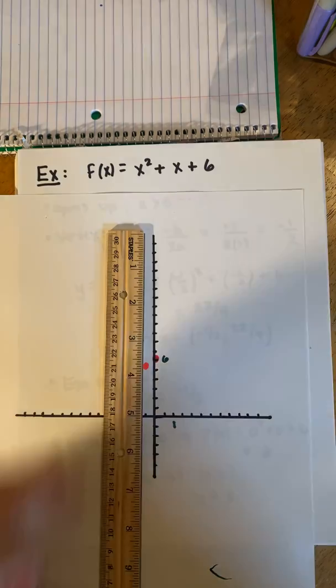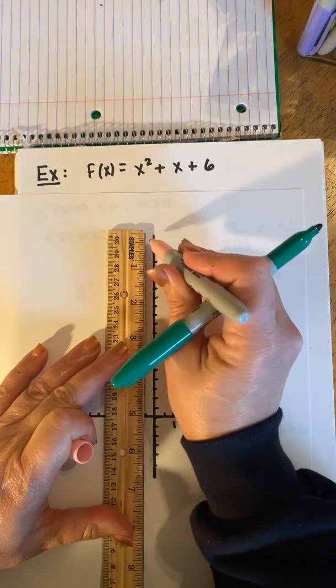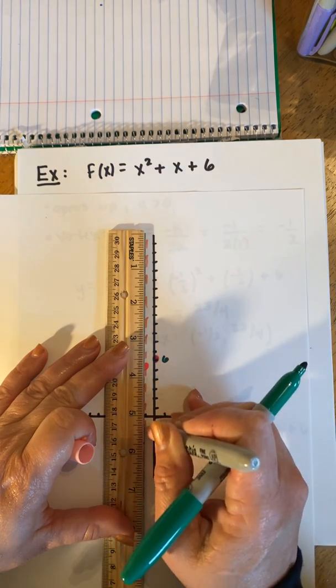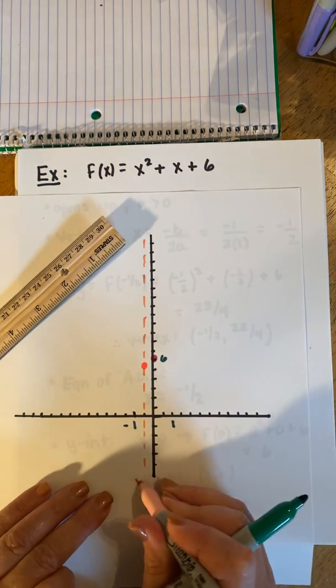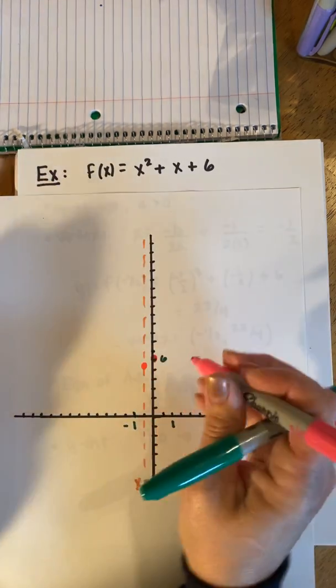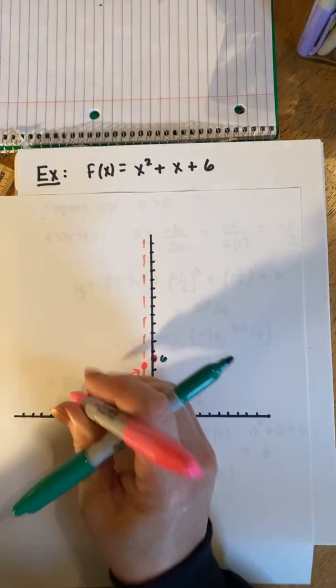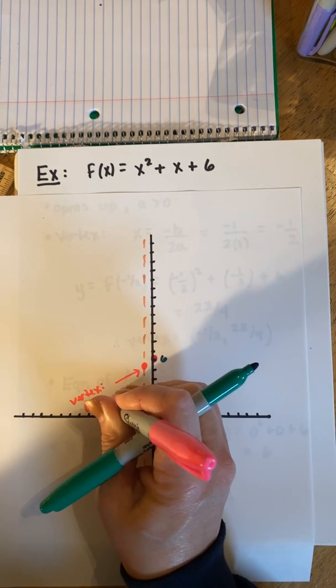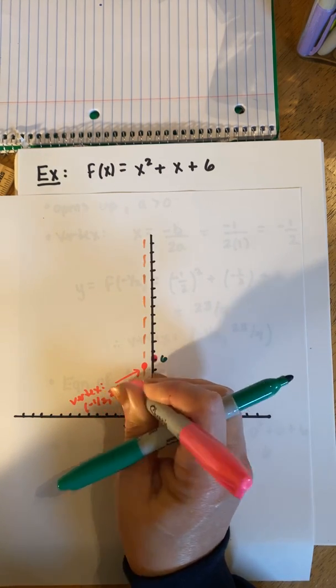So this is going to be my equation for my axis of symmetry, this imaginary line, x equals -1/2. All right, so here is my vertex, -1/2, 23/4.